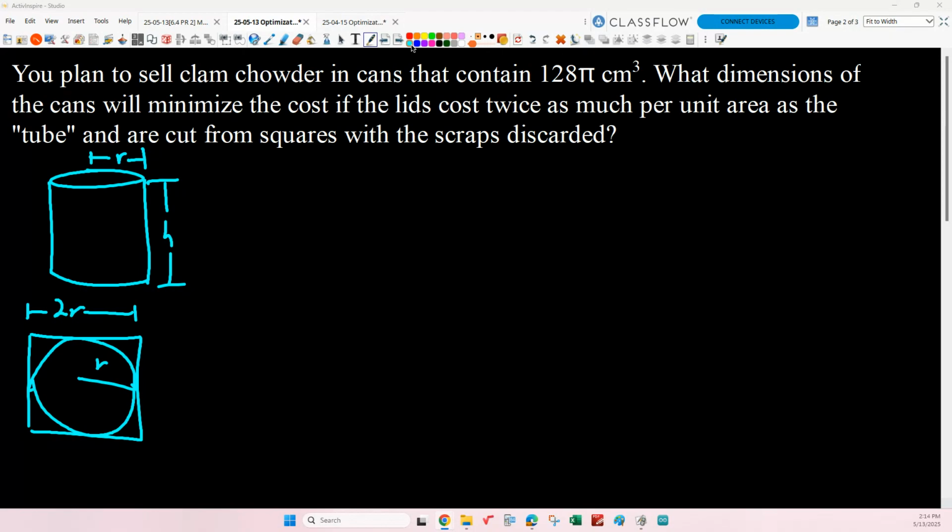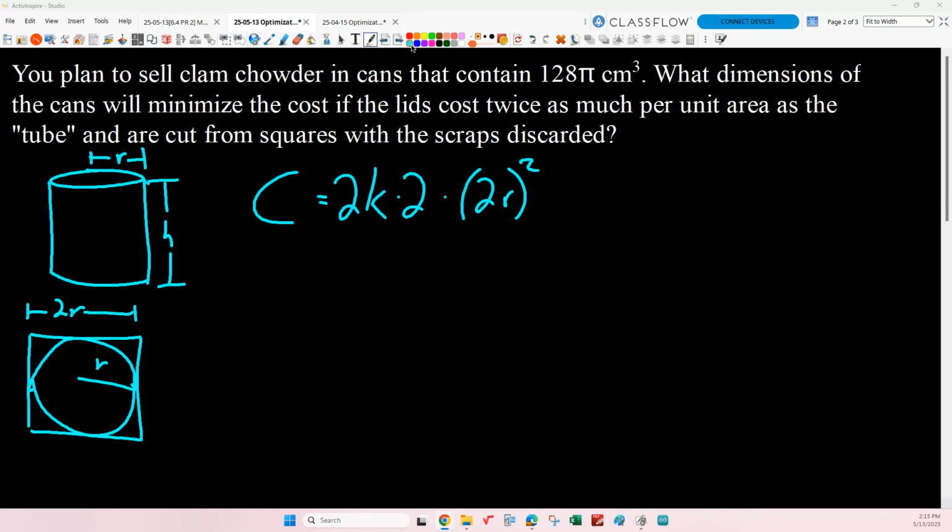So if I want to come up with a cost equation, you'd have to relate that with the cost. And so the lids are twice as much as 2K. So the lids we're going to multiply by 2K, and there's 2 lids, times 2 times, everybody agree?